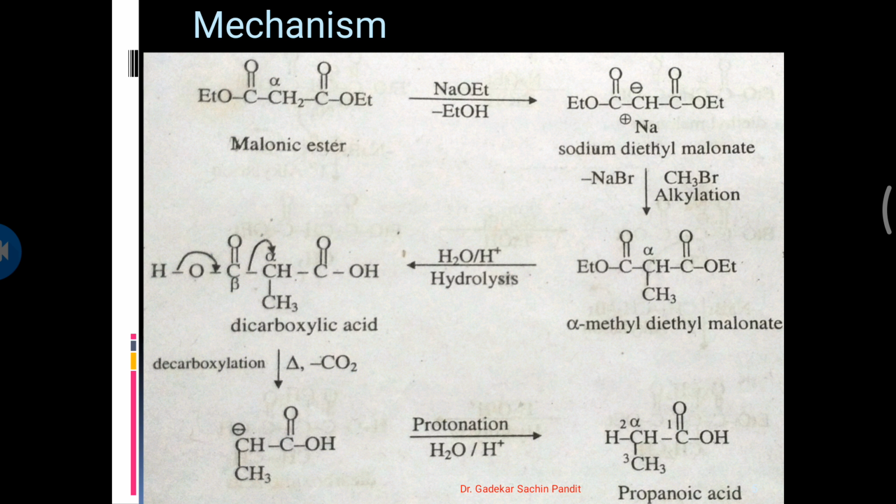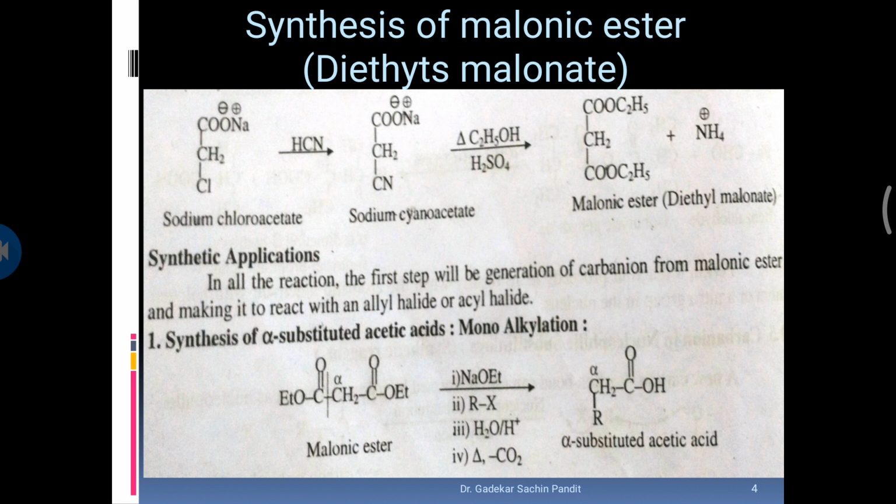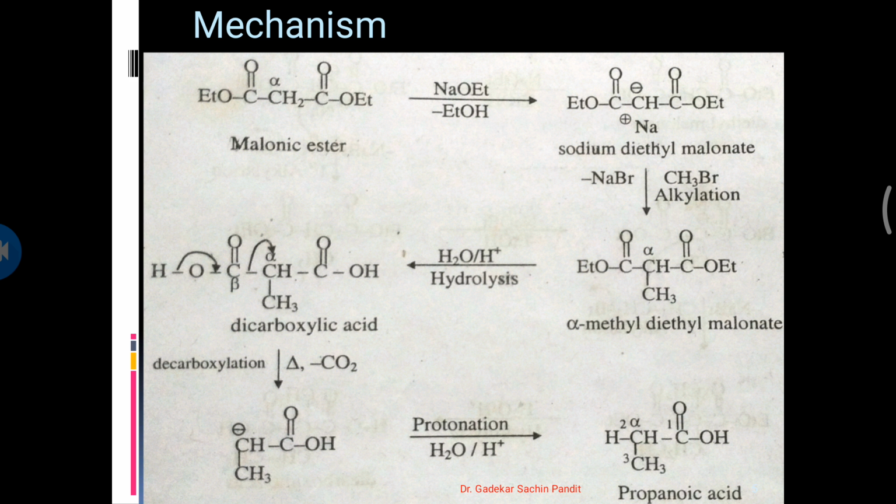Here is the mechanism for converting malonic ester to alpha substituted acetic acid.